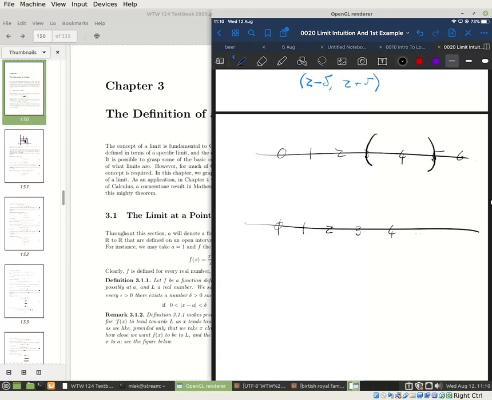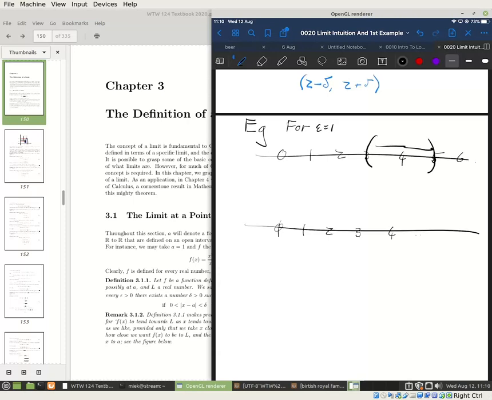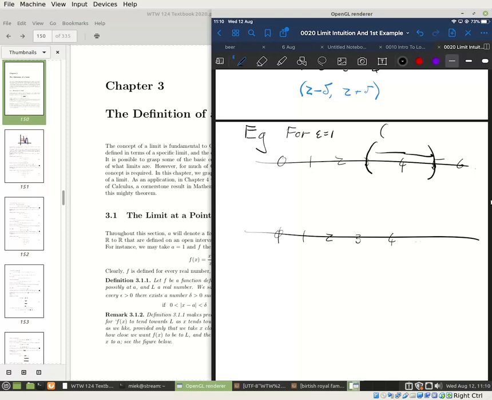If we take epsilon, for example, epsilon equal to 1, let's take a look at this interval from 3 to 5, or if you will, 4 minus 1, 4 plus 1. So for this epsilon equal to 1, we should be able to find an interval around 2, but not including 2, which maps into this interval.